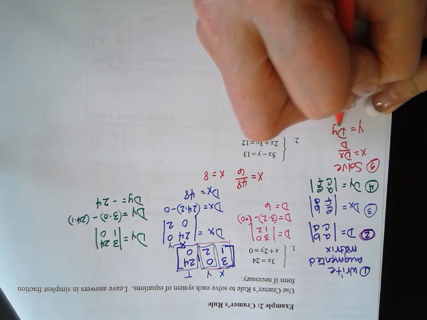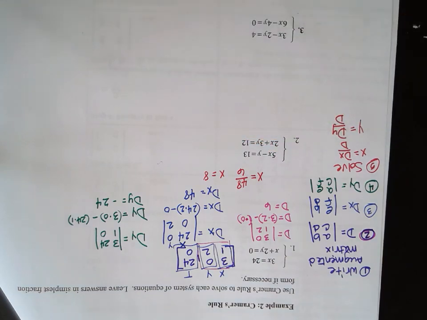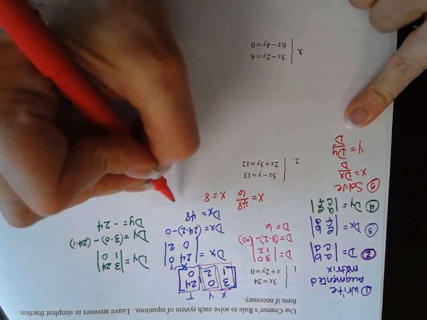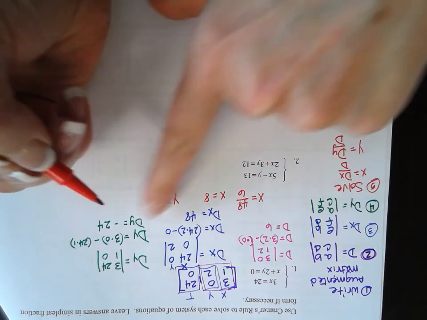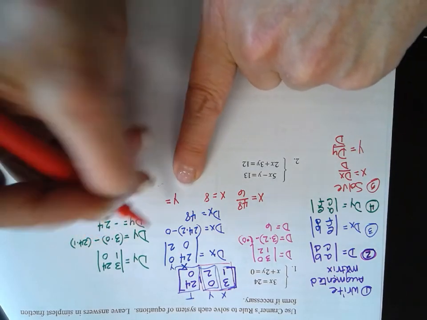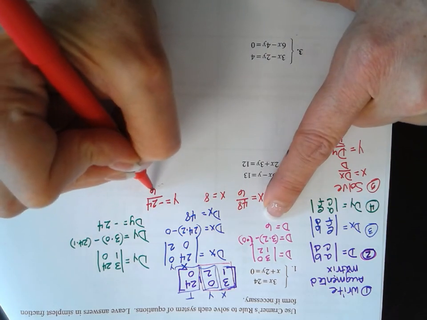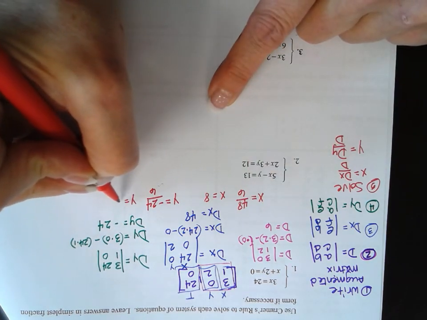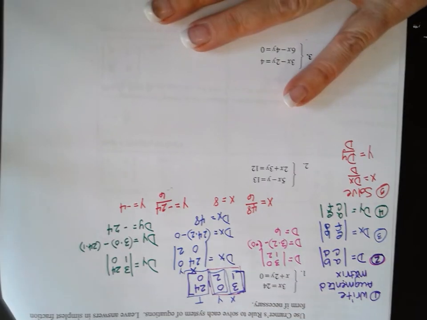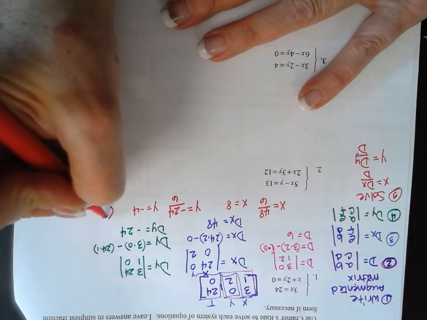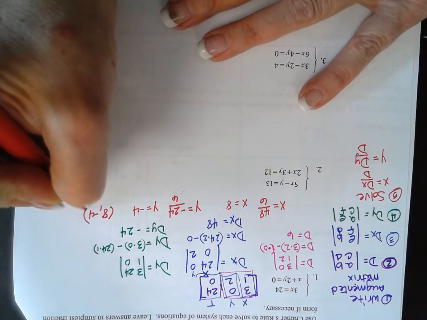My y was equal to the D of y over the determinant. So y is equal to negative 24 divided by 6. So y is equal to negative 4. And that brings me the intersection of 8, negative 4.